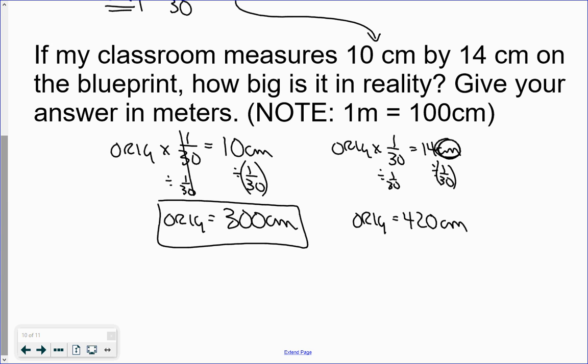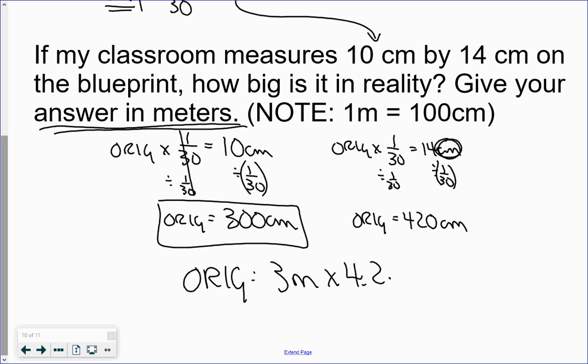So again, make sure you know your units. So it says give your answer in meters. So we know that 1 meter is 100 centimeters. So that means that my classroom would be 3 meters by 4.2 meters in reality. Very small classroom. Very, very small classroom.